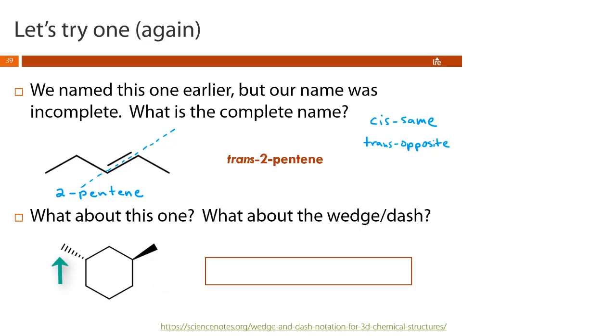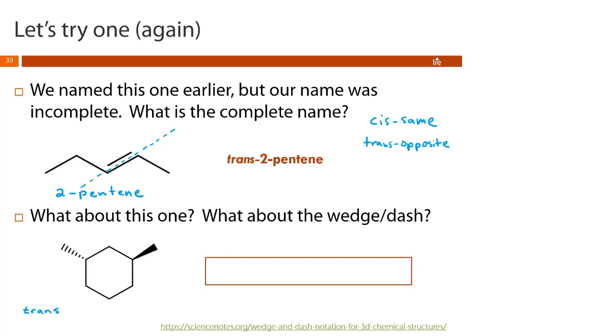And this dash, notated by these dashed lines right here, means the bond is going into the screen or into the paper away from you. So if we have one bond going towards you out of the plane of the screen and the other bond going away from you into your screen, that means they're on opposite sides of the molecule. So this would also be a trans molecule.